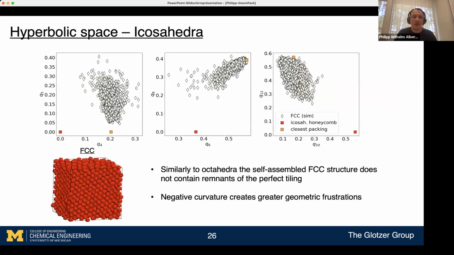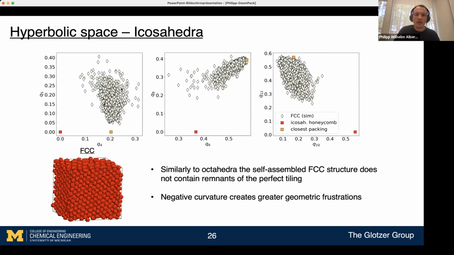But if you compare, for example, the local environments between the icosahedral honeycomb, which is the tessellation in hyperbolic space, the closest packing, and the simulations of the FCC crystal, which forms in Euclidean space entropically, you can see that it really behaves very similarly to the octahedron, whereas it seems like we are in this regime where it's just way more favorable to distribute the geometric frustration uniformly and have just one local environment, which then maximizes the entropy.